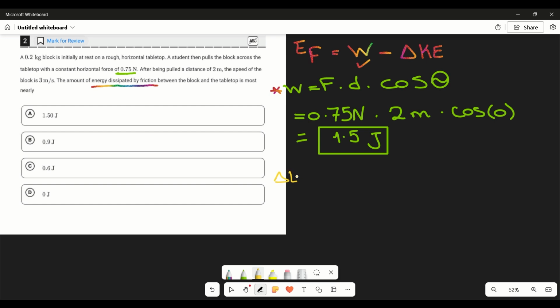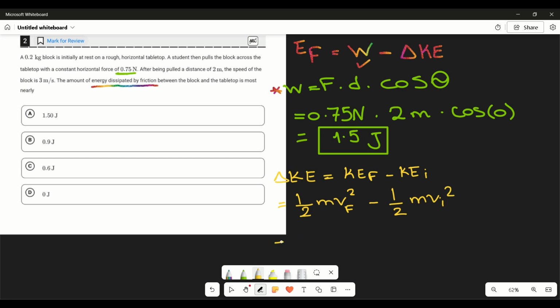Change in kinetic energy is equal to kinetic energy final minus kinetic energy initial. We know the formula of kinetic energy: half m v squared, mass multiplied by velocity squared. Of course, this one is half m v final squared, minus half m v initial squared.